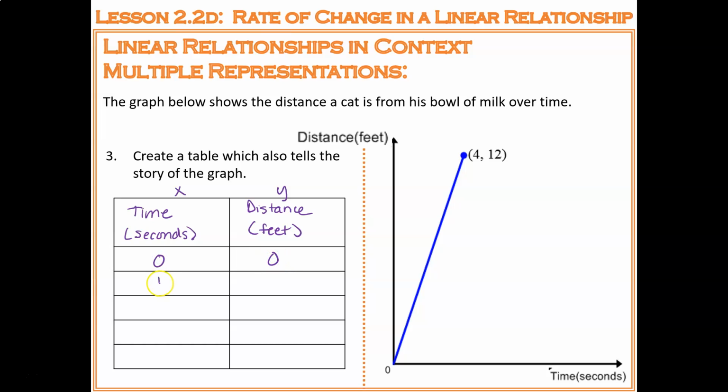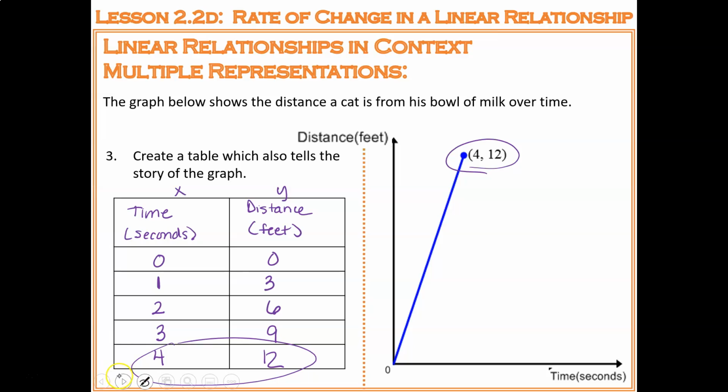After 1 second, if our rate is 3, here's our unit rate right here. He's 3 feet away from the bowl. After 2 seconds, he's 3 more feet away from the bowl. After 3 seconds, 3 more in addition to that, so he's 9. And then 4, he's 12 feet away from the bowl. And look at how this matches up here. Okay?